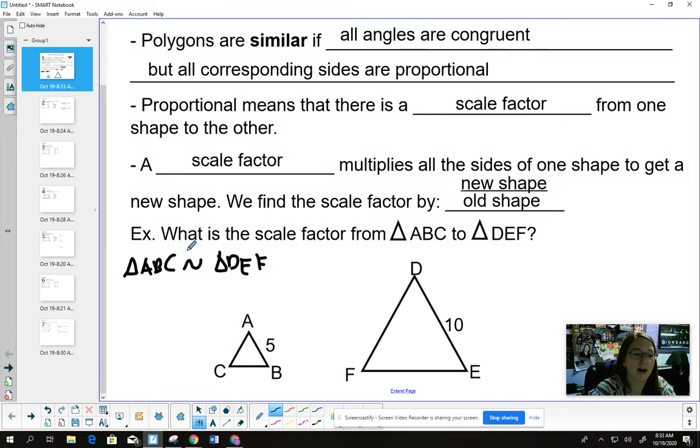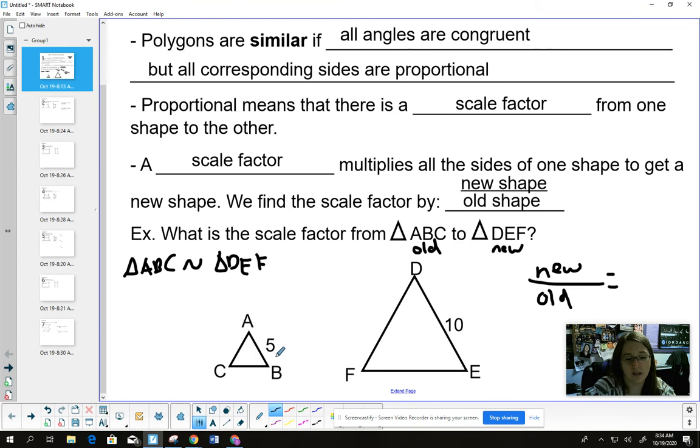This little squiggly line by itself means similar. So scale factor from ABC to DEF. What this means is this is the old shape. I'm going from here to the new shape. So to find the scale factor, I'm going to take a side from the new shape over a corresponding side from the old shape.